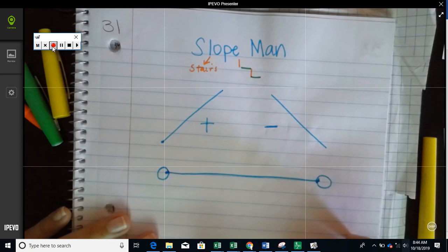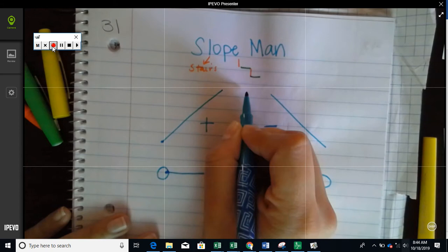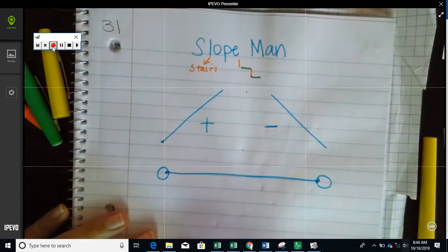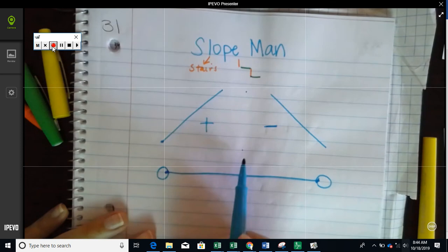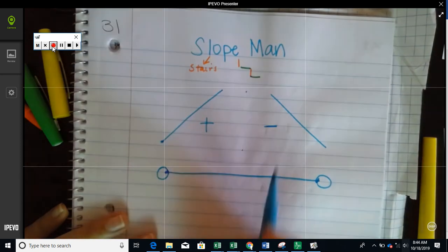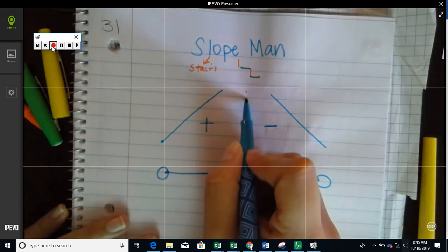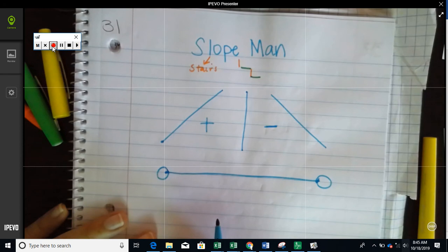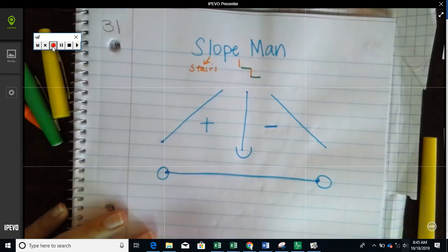Okay. Now, what if you were here and you needed to get up here? Could you possibly build stairs from here to there, if you're going literally straight up? You wouldn't need stairs, you would need more like an elevator, right? So if you have a line like this, your slope is undefined. You don't need stairs.